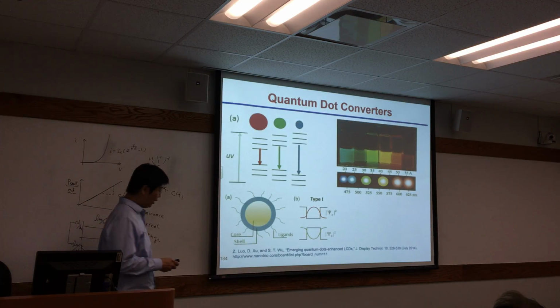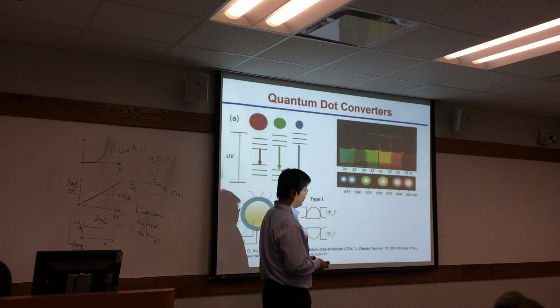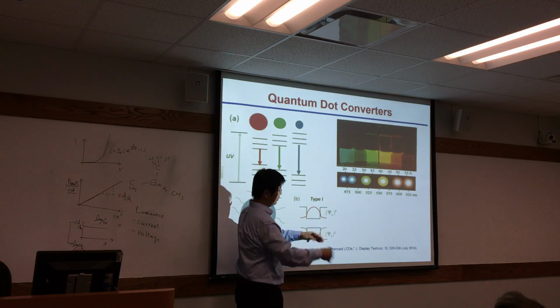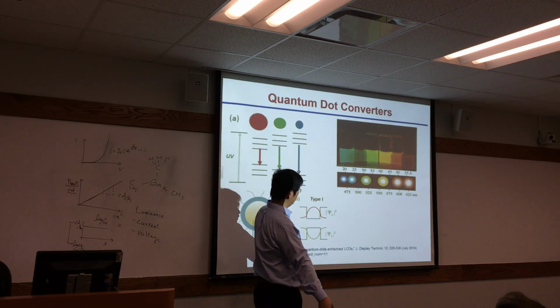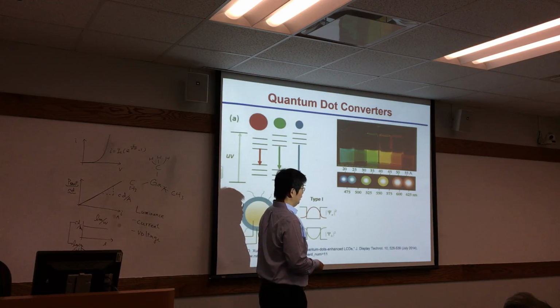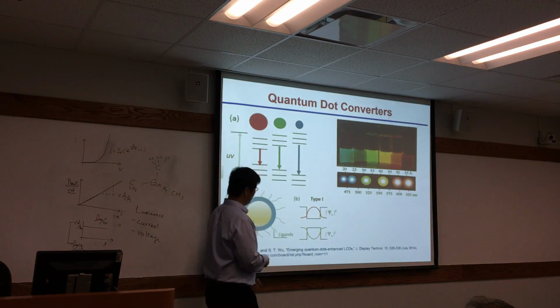And of course, typically right now we use the blue LED to pump the phosphor to make white light as a backlight. But the phosphor is very broad, although the LED is very narrow.